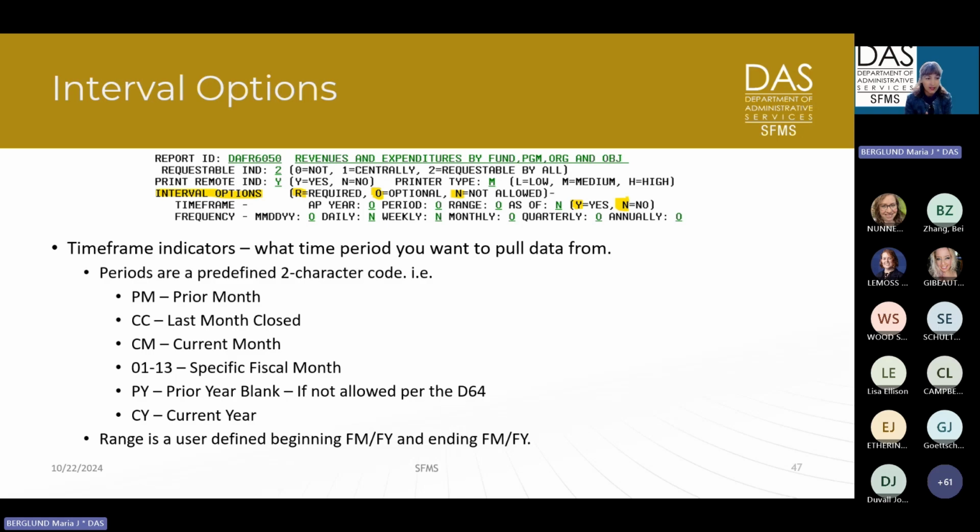These indicate the report period: prior month, last month closed, current month, any specific month, prior year, and if it is blank, it is not allowed per the D64, and current year. And if it is a range, it will be in the format of the fiscal month and fiscal year, and end by what fiscal month and fiscal year.